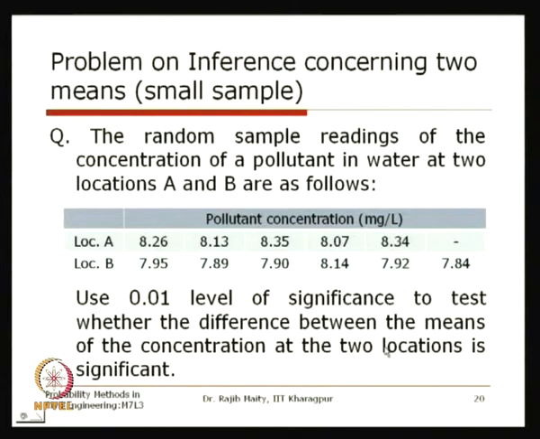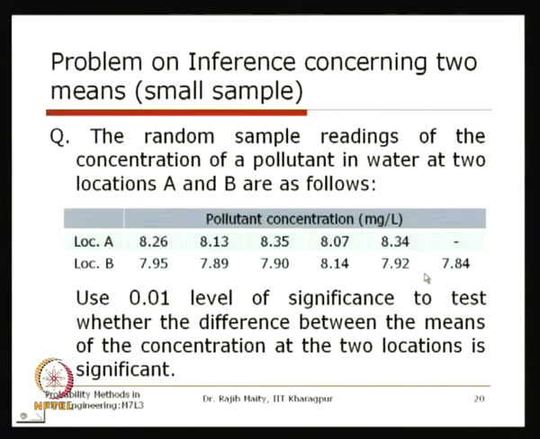So, we will take one problem on this small sample test. The random sample readings of the concentration of the pollutant in the water at two locations A and B are as follows. For location A we have 5 samples, and for location B we have 6 samples.